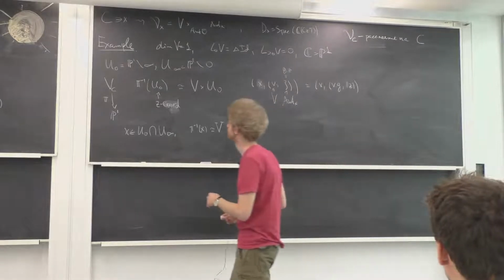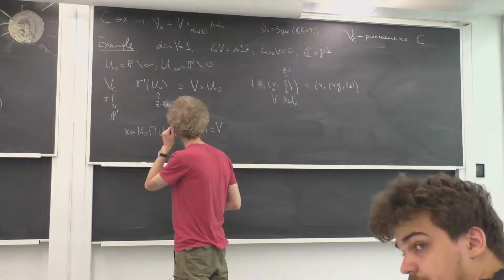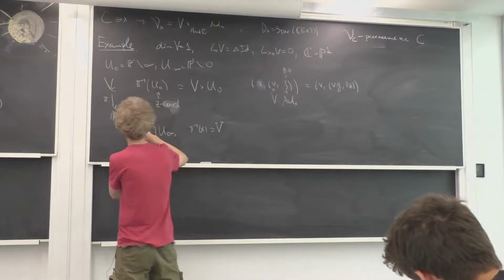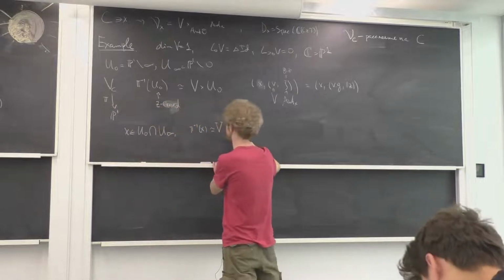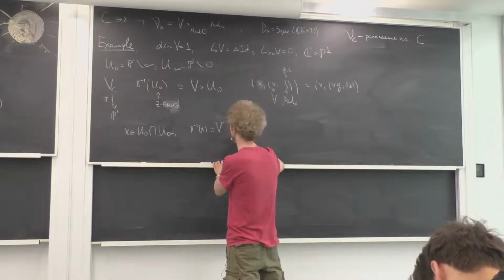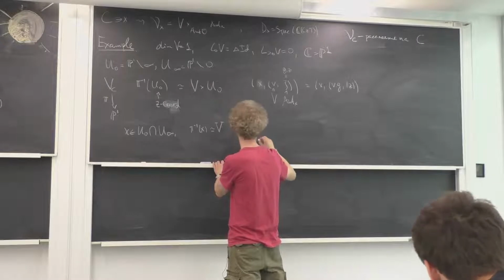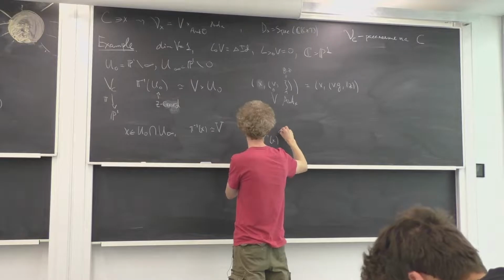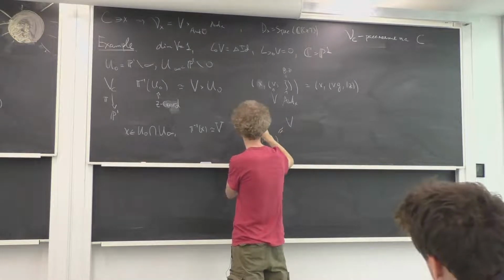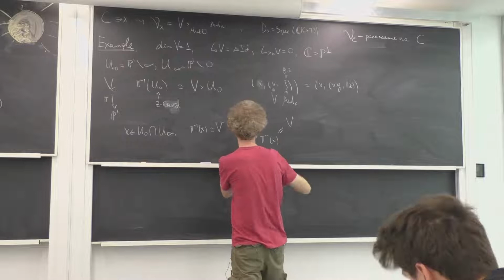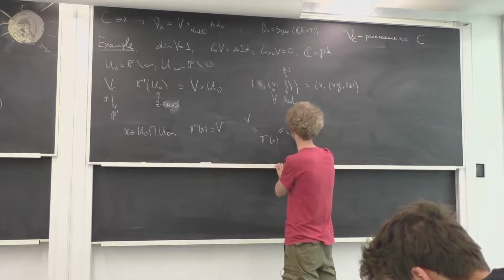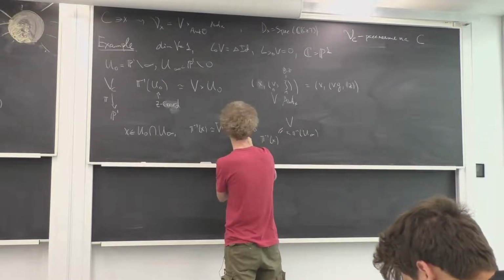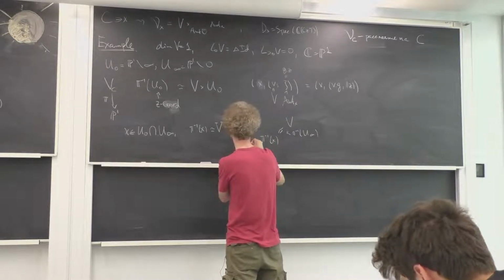Maybe I should write, so since we have pi inverse of x, there are two ways to identify it with V. One way comes from pi inverse of U infinity, and another way comes from pi inverse of U0.